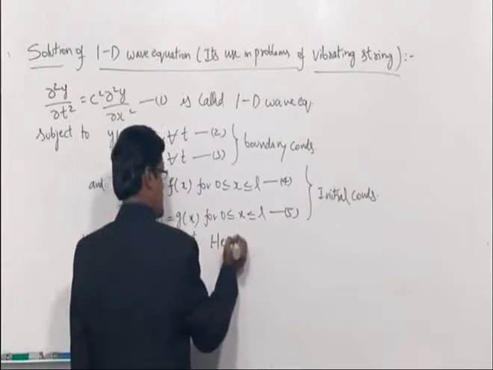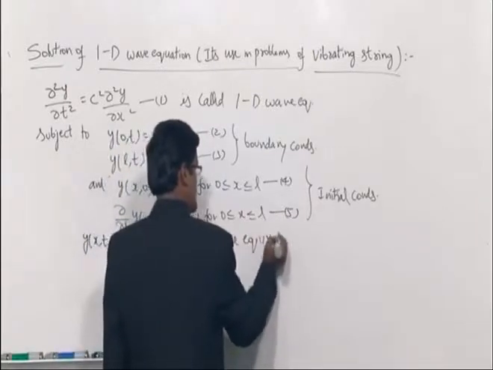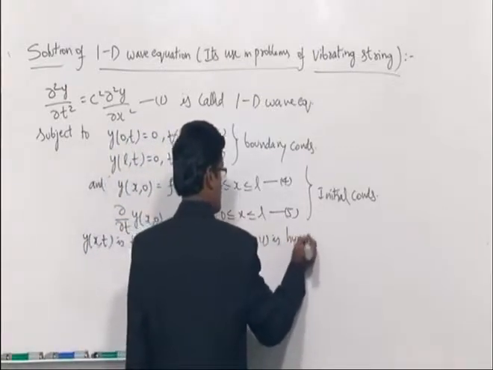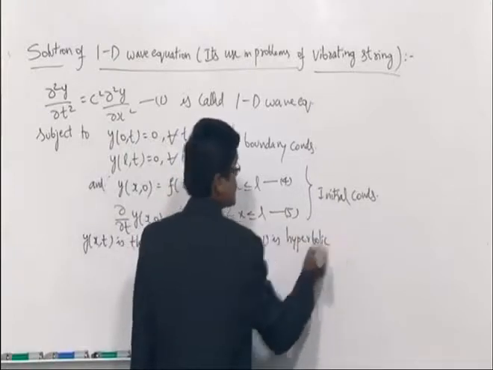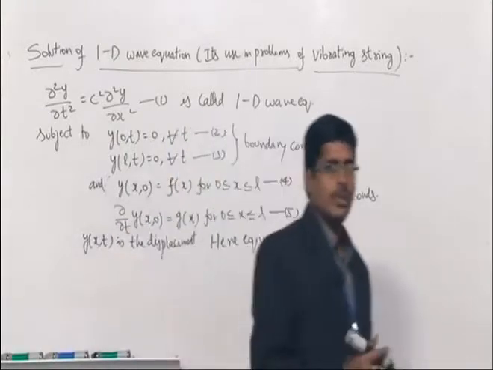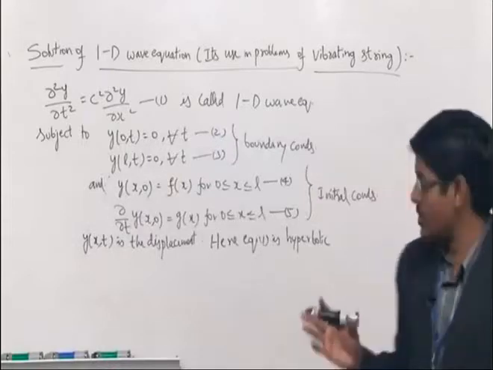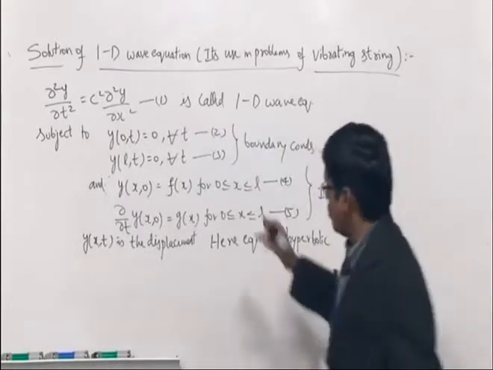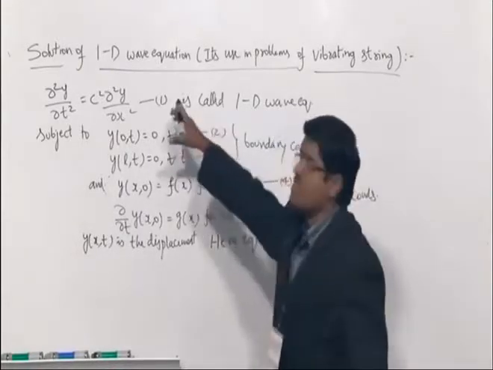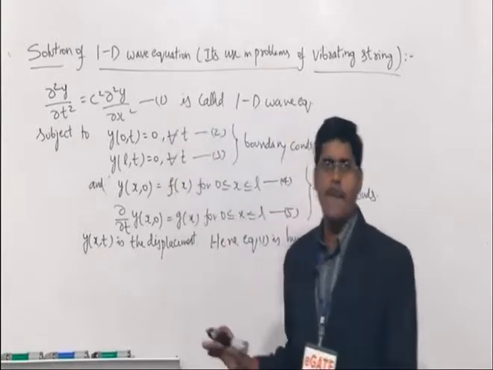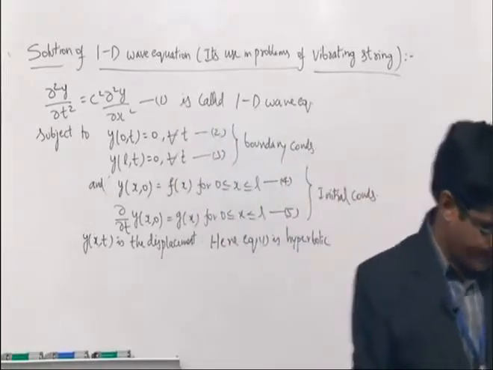Here equation 1 is hyperbolic, if we check the condition b square minus 4ac greater than 0. Just remember 1, 2, 3, 4, 5, because it is a 16 marks, 8 marks question. Just remember the main condition I am giving for equation 1, and how to find the solution. Okay, learn this condition by heart.